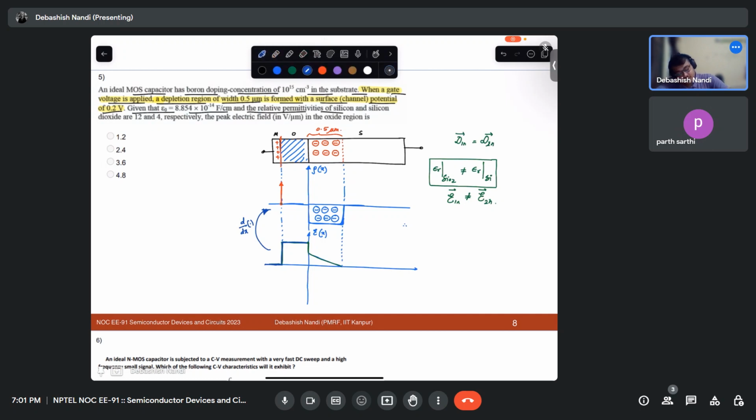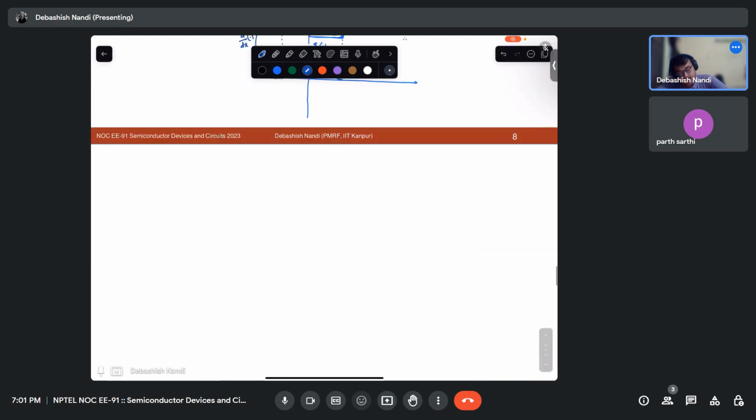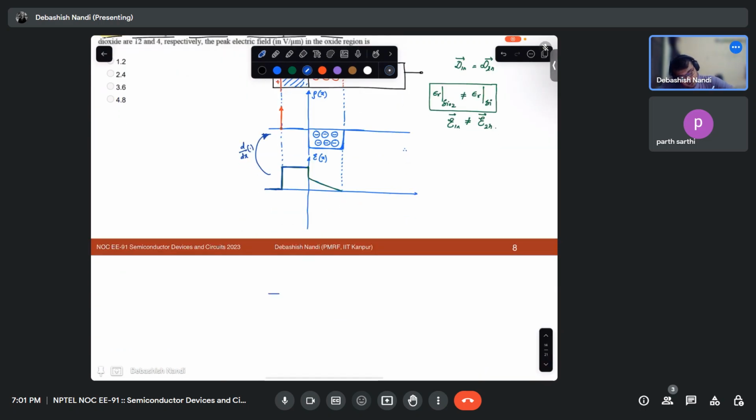And how will my potential look like? It will be quadratic, yes, sir, and then linear.